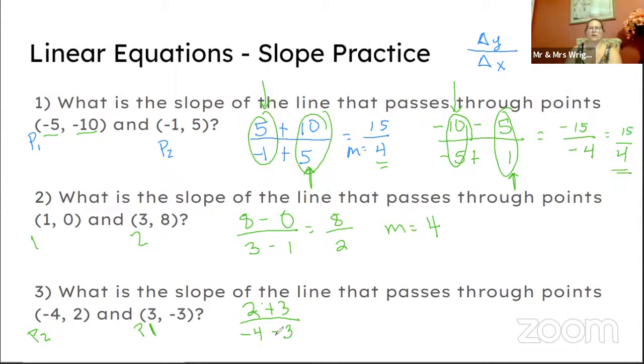So I'm just going to write that in right next to my subtraction sign. 2 plus 3 is 5. And negative 4 minus 3, same sign. We're going to combine. So 4 plus 3 is 7. And it's going to carry the sign that was the same here. So 5 over negative 7 is the same thing as negative 5/7.